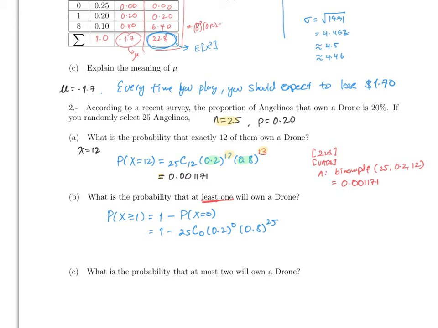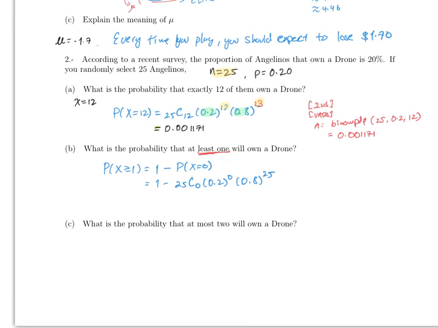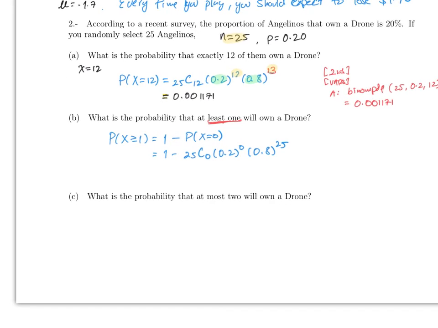All right, what about part C? This is very similar to the question that I think Jaime asked earlier, so now it should be clear. At most 2, mathematically, is x less than or equal to 2.